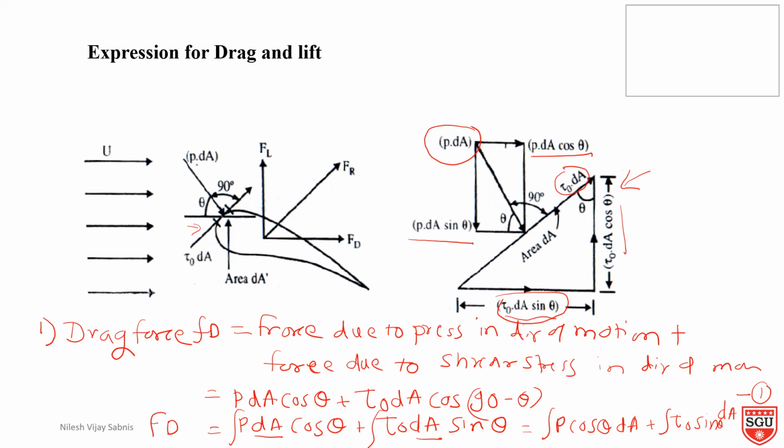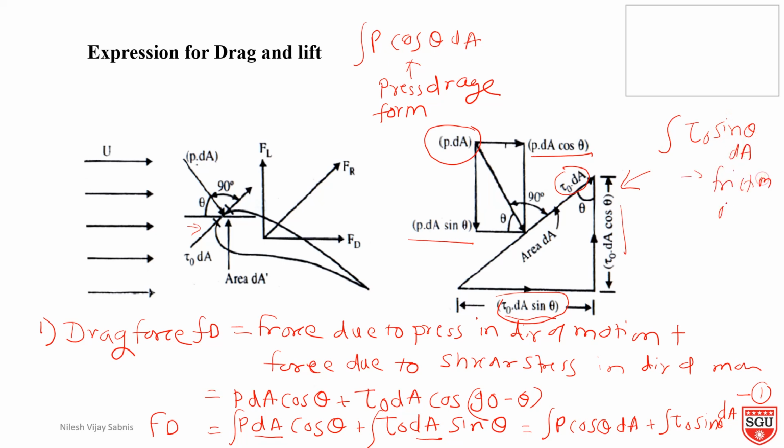The term integration P cos theta dA is called pressure drag or form drag, while the integration tau 0 sin theta dA is called friction drag or skin drag or shear drag.